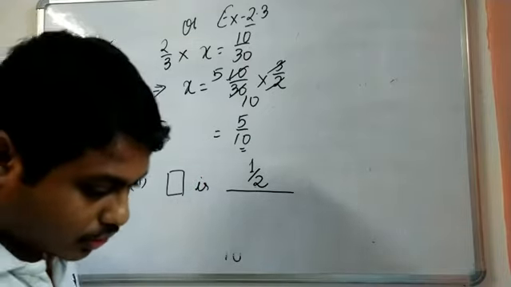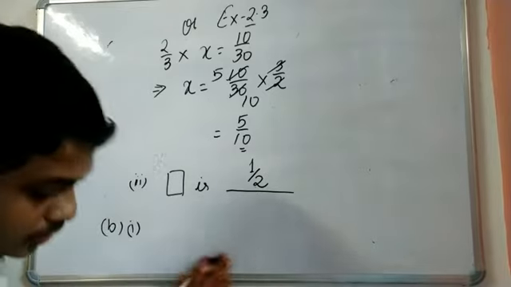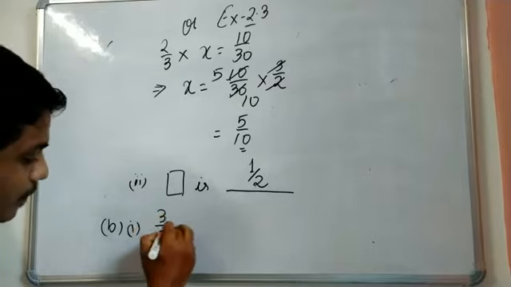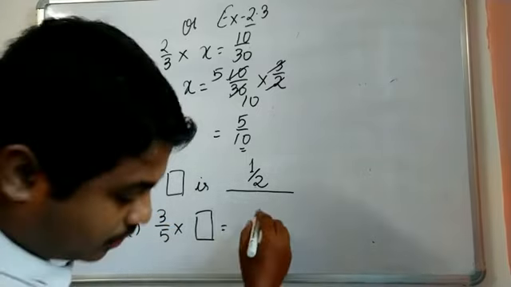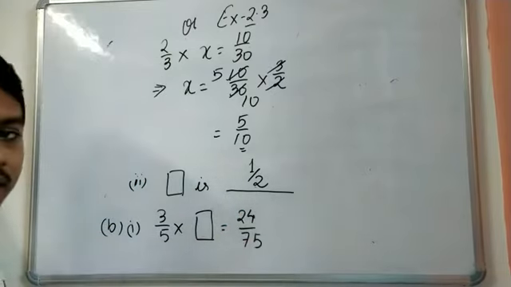Then question B1: again we have to find out 3 by 5 into box equals 24 by 75. What will be inside the box?